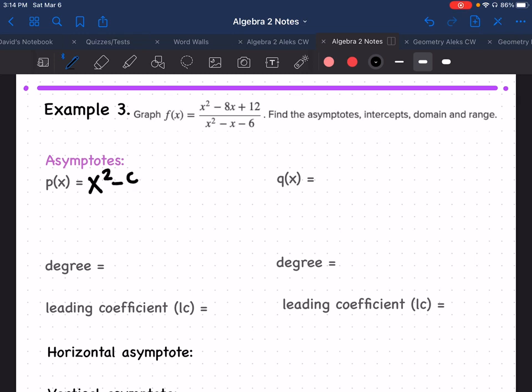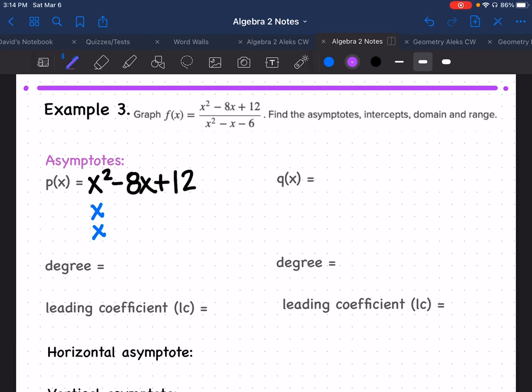Now, when I look at this, I can factor it. I know it's going to be x times x, and 12, let me think, 2 times 6?